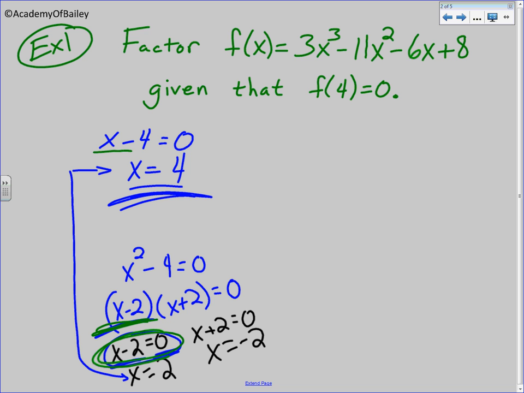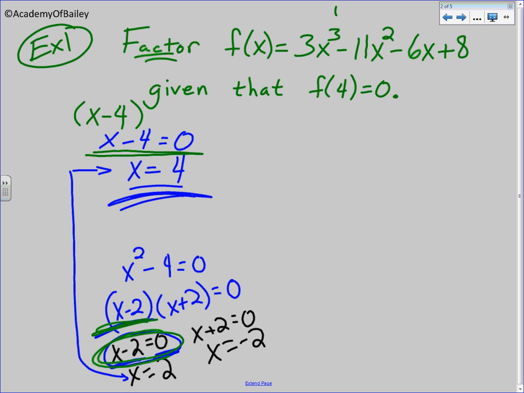Well, if x minus 4 is equal to 0, can't we get one of those parentheses as x minus 4? I was kind of looking ahead towards the end of the problem, but x minus 4 is going to be one of those factors. We're trying to find factors.